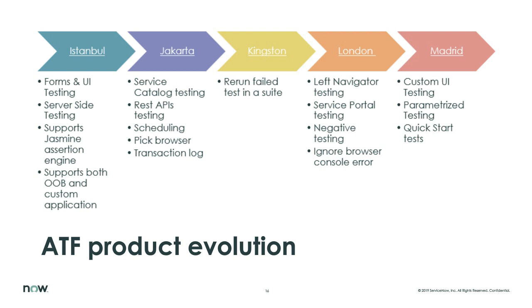In Kingston, we didn't add much because we were trying to make ATF WCAG compliant. So the only feature that we added in Kingston was reordering field tests in a suite. Then in London, we added lesser navigator testing, so you can start your test by clicking on a menu item or a module, or you can test for module visibility or menu item visibility and non-visibility.